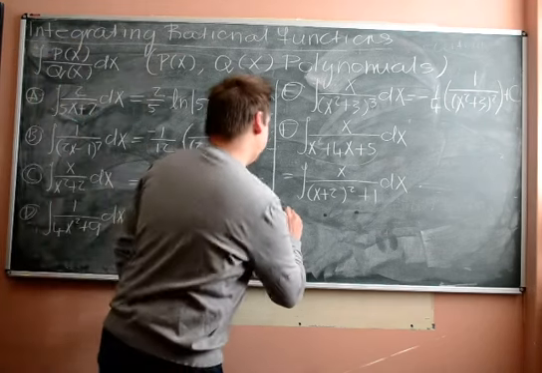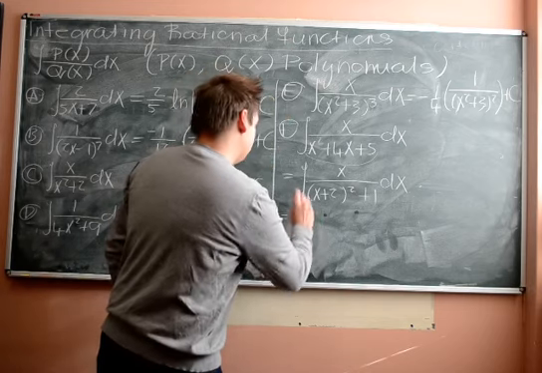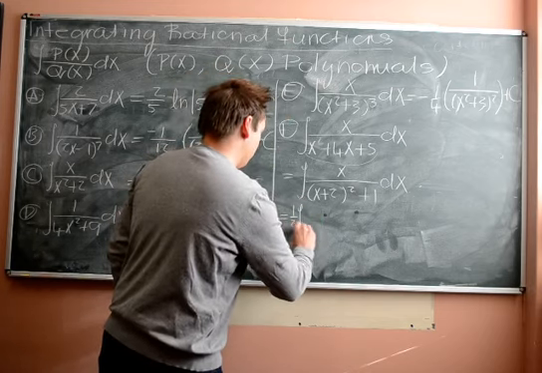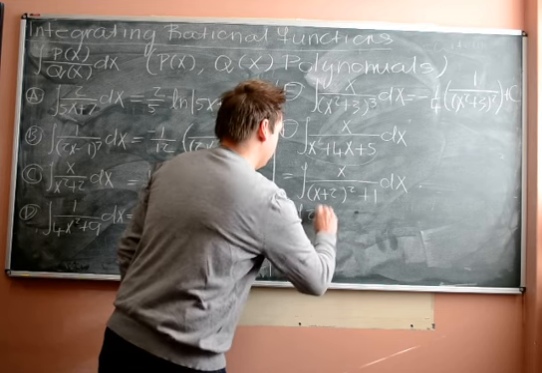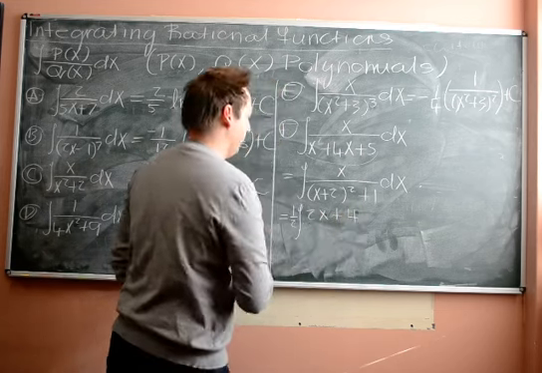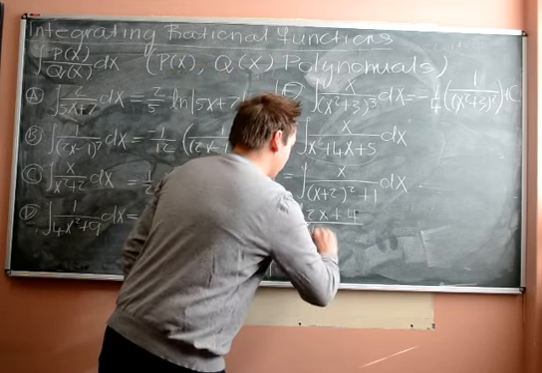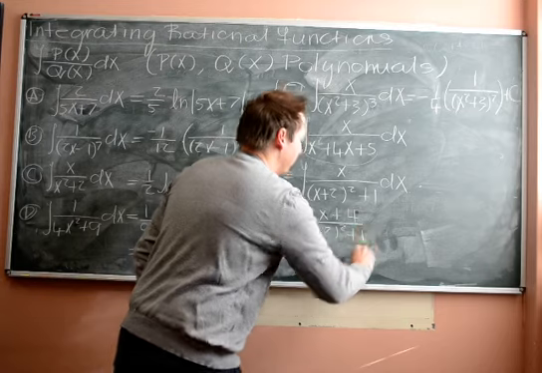So what we do is we do the following. We write this as a half, plus 4, over x plus 2 squared plus 1.